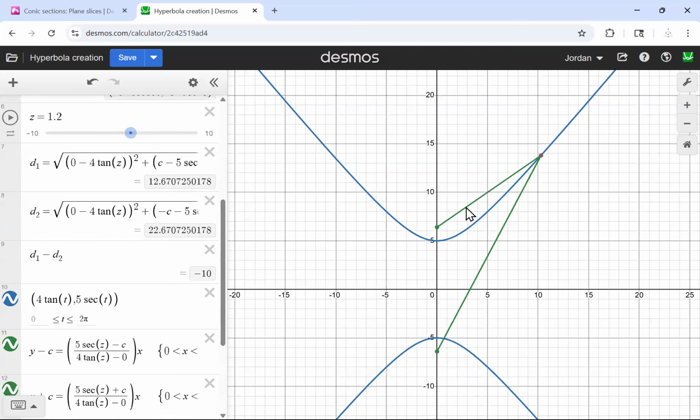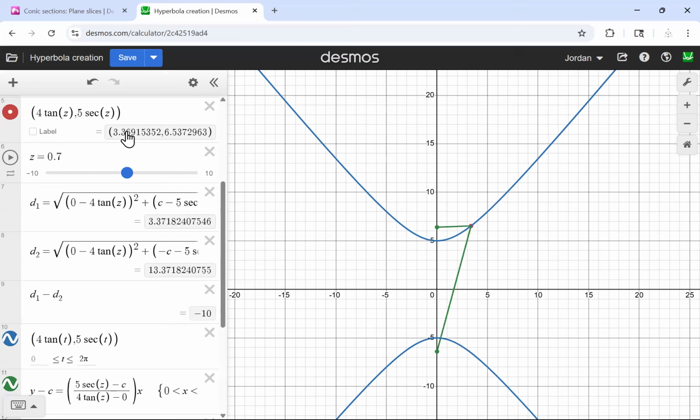So for instance, in this case, the distance from the point to the first focus is 12.67, and the distance from the point to the second focus is 22.67. Notice if you subtract those two numbers, you get a negative 10, or if you subtract it the other way, you'd get a positive 10.